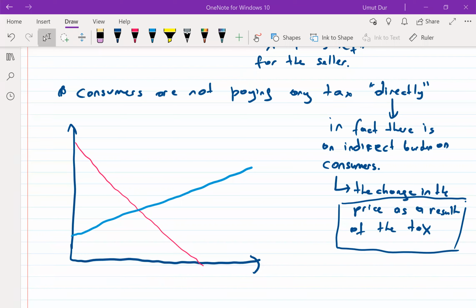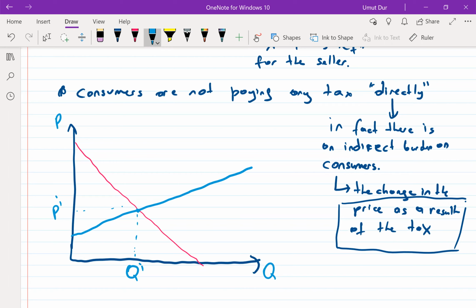This will be the equilibrium outcome, which is, let's say, Q initial, and this is the equilibrium price, P initial.